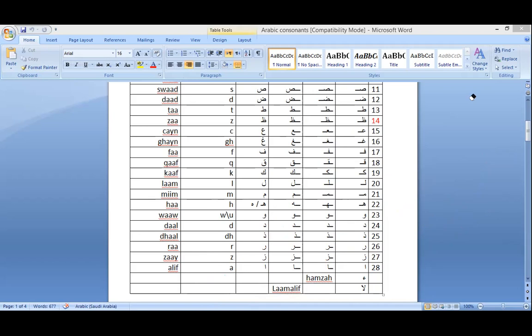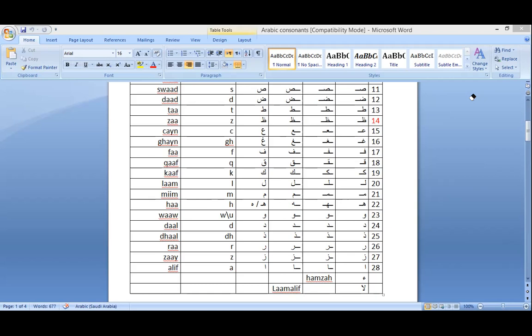You want me to write it on the text? Yes. I don't have the Arabic keyboard, so I don't know how I'm going to write it. I write it with the normal one, the translated one. First you have the second column, so I use those letters.